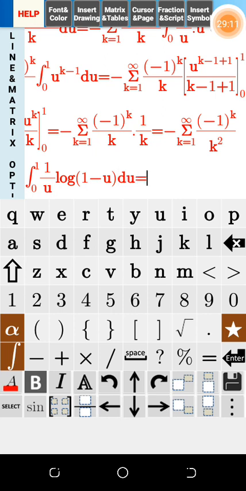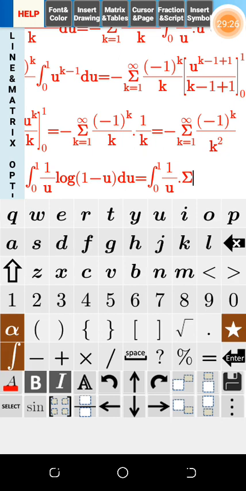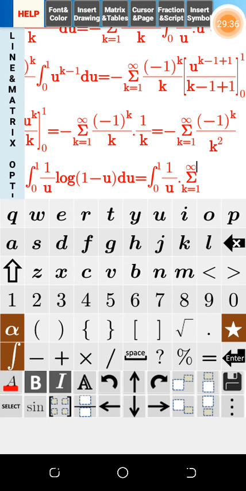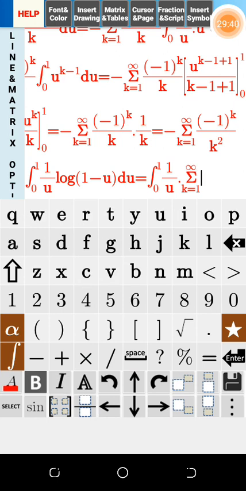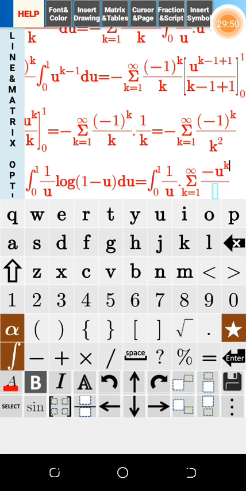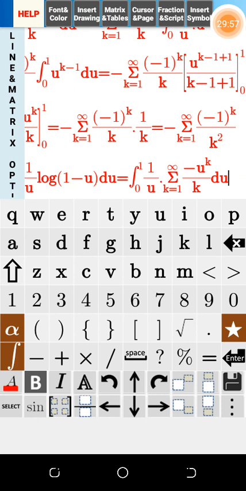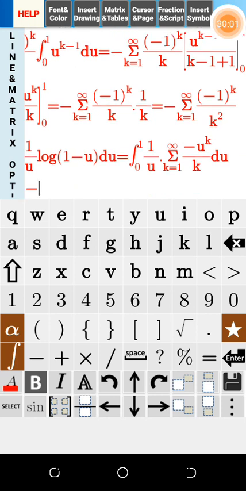So it's now equal to the integral starting from 0 to 1 of 1 over u multiplied by the sum of k starting from 1 to infinity of minus u raised to the power of k over k, du.